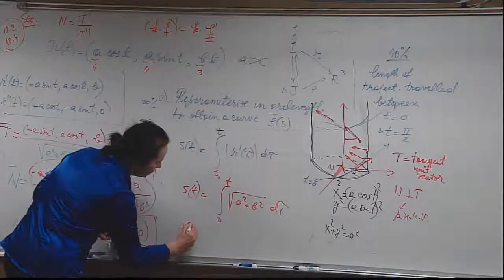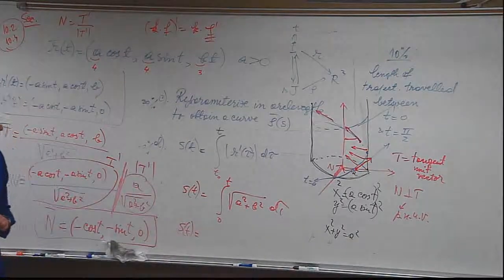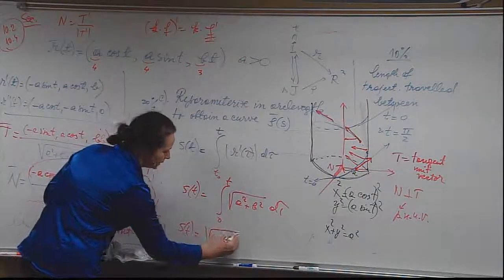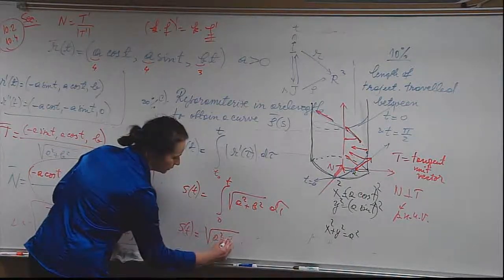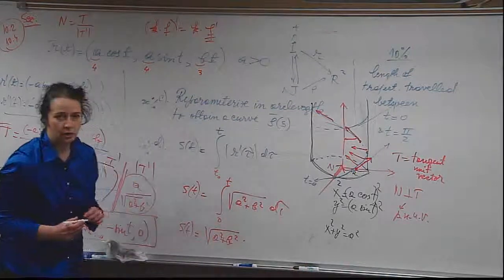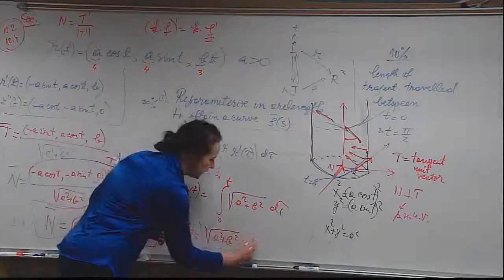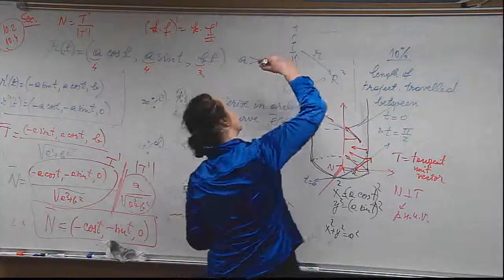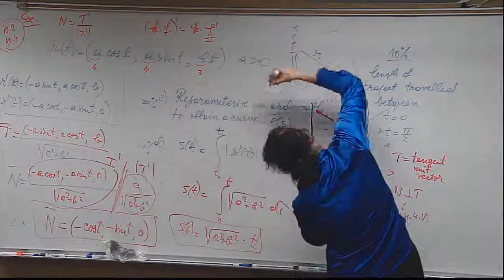S of t will be what? Who's helping me on that? Because I want you to be awake. Are you guys awake? The square root of that is a constant, so it gets out, times t. So what did I tell you when it comes to these functions? Well, I have to turn my head and bend it like this.